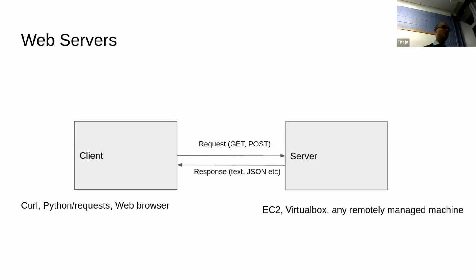So for that, there are some basic components. This is how many things work, including your browser being a client, and websites, all these companies, websites being servers. So what is the basic interaction here? There is a client on the left and a server on the right.